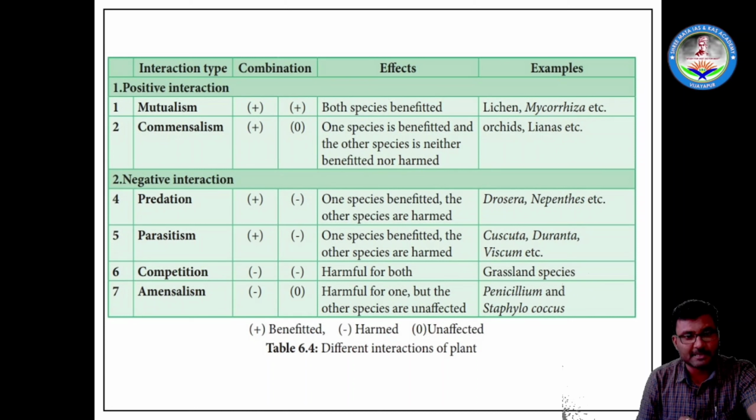In parasitism also, one is affected and one is benefited. In competition, both are losing. In amensalism, one loses its presence and the other gets neither benefit nor harm. And in neutralism, both are 0, meaning neither benefited nor affected.